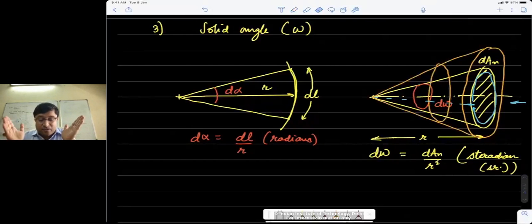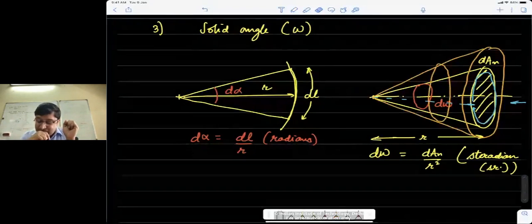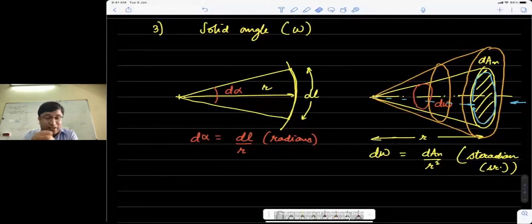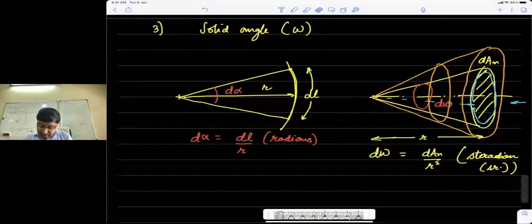So it is not 360, it is not 2 pi. That is a solid angle. It's not the regular curvilinear angle that we are so used to dealing with in two-dimensional coordinate geometry. So that is the solid angle we will be dealing with.